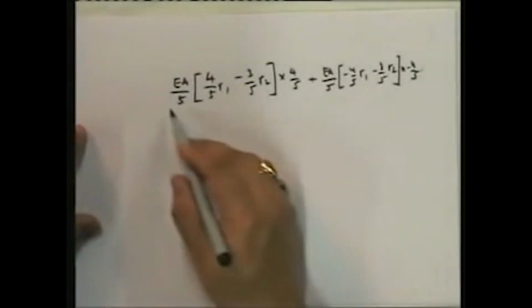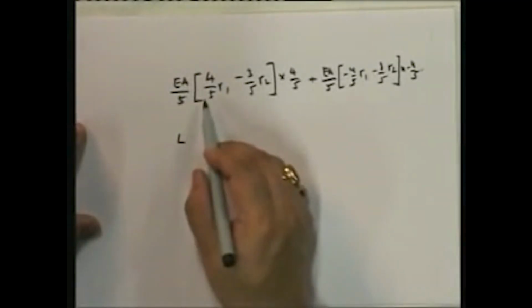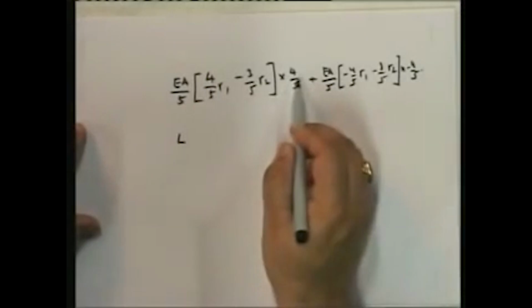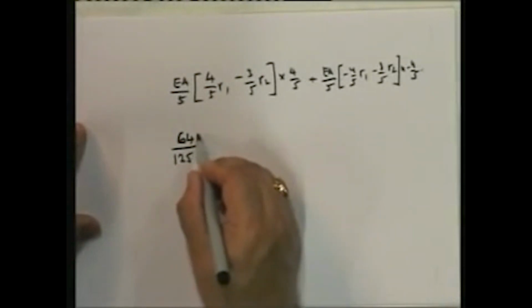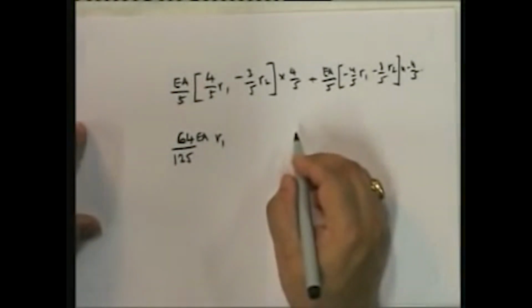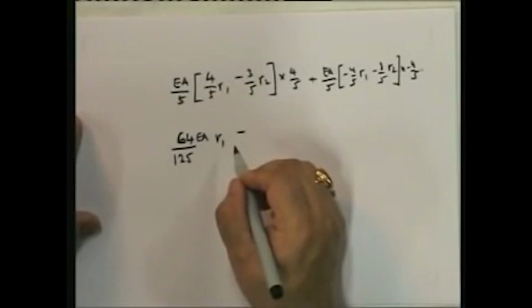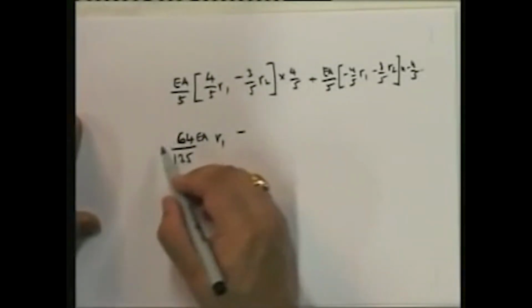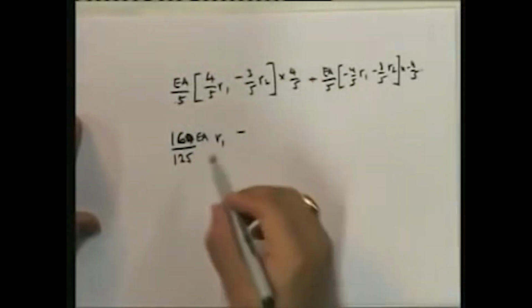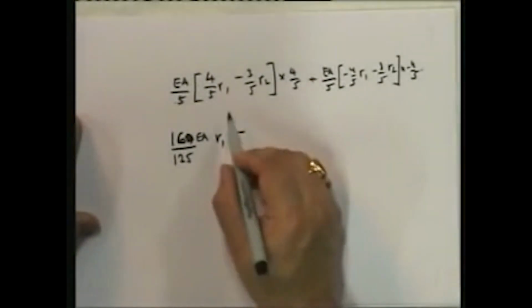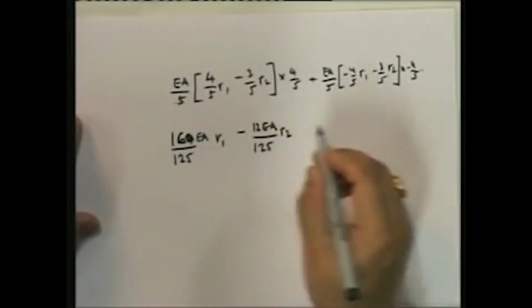So taking EA by 5 and 4 by 5, this will become 16 by 25, so it's going to be 16 EA upon 125 R1 minus 12 EA upon 125 R2.